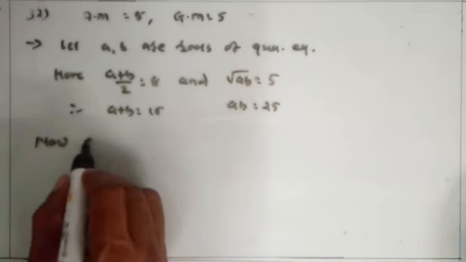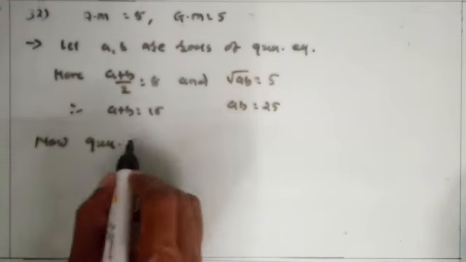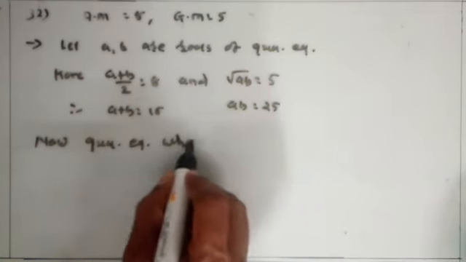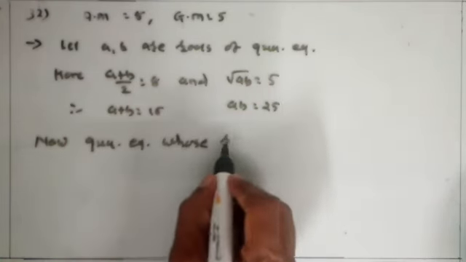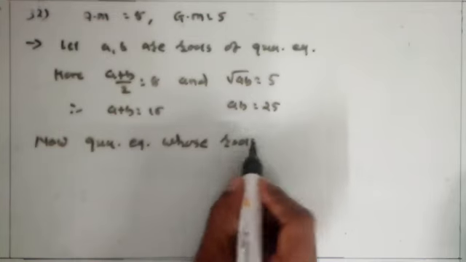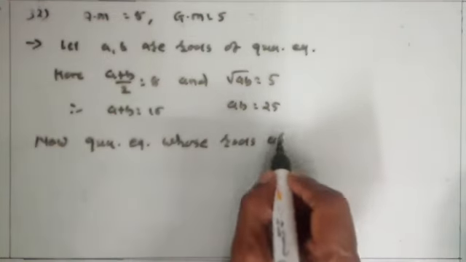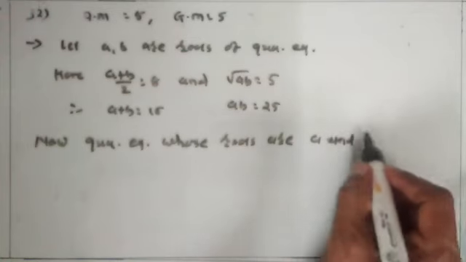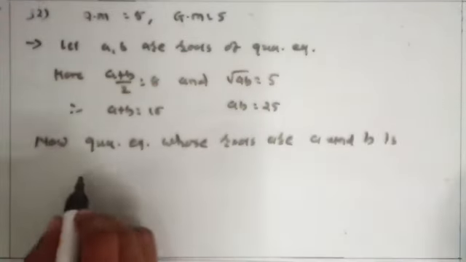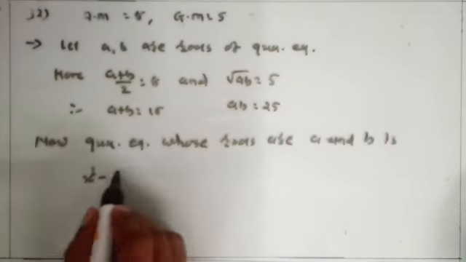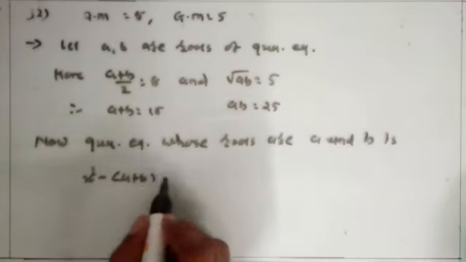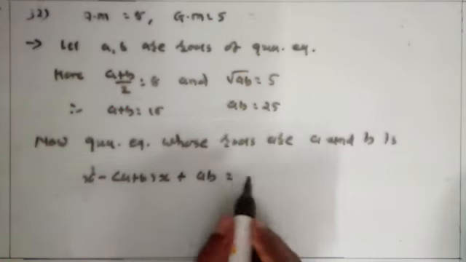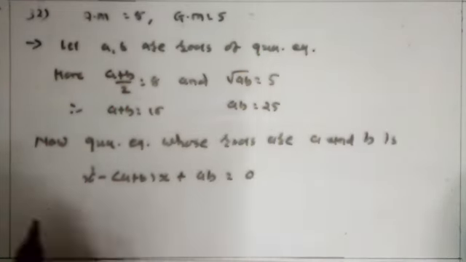Now the quadratic equation whose roots are a and b is, we know, x square minus (a plus b, the sum of roots) x plus the product of roots a into b, equal to 0.